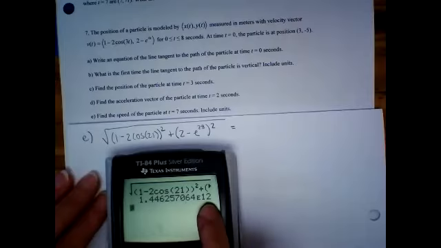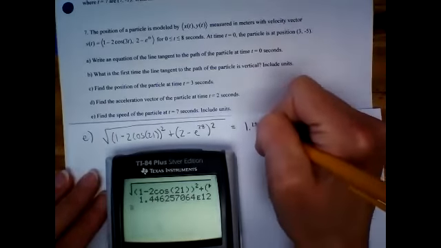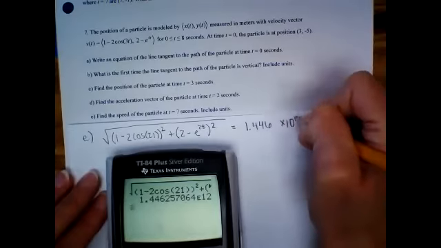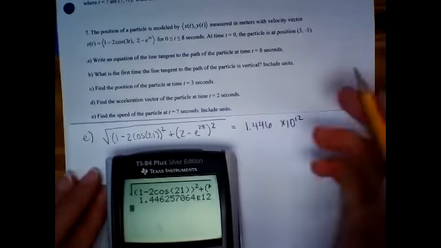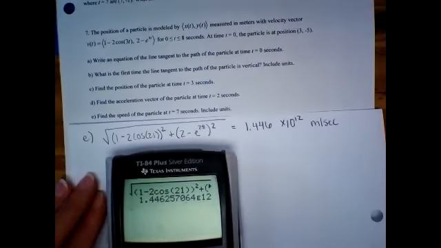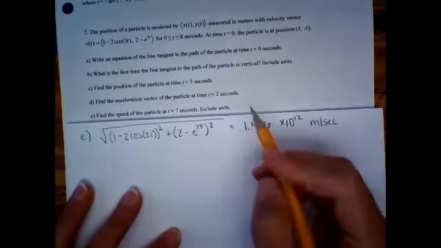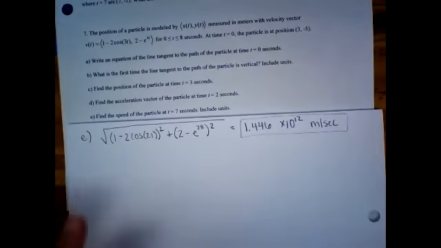This means times 10 to the 12th. So I'm going to write 1.446 times 10 to the 12th. So just, you know, an absolutely enormous number. Include units. It's a rate, so it would be meters per second. You know, I made up this problem, so it turned out a little strange. That's a very fast speed.